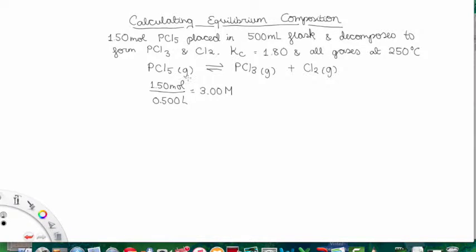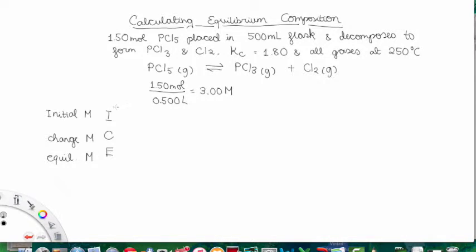So now we have to create something called an ice table. So an ice table, I stands for initial molar concentration, C stands for change in the molar concentration, and finally E stands for equilibrium molar concentration.